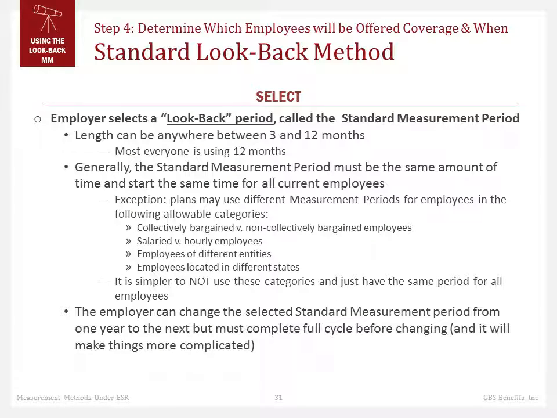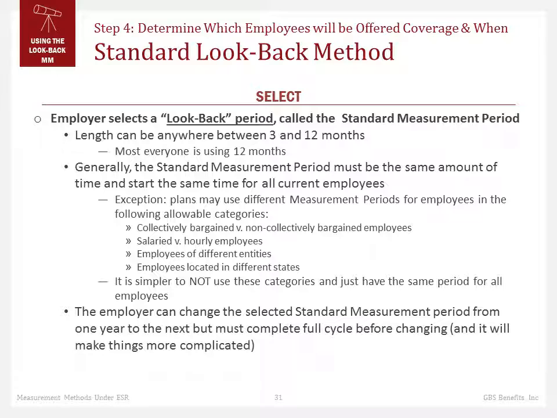An employer selects a look-back period, and it ends up being called the standard measurement period. The length of this measurement period can be anywhere between 3 and 12 months. Like I've indicated before, most employers are using the 12-month standard measurement period.